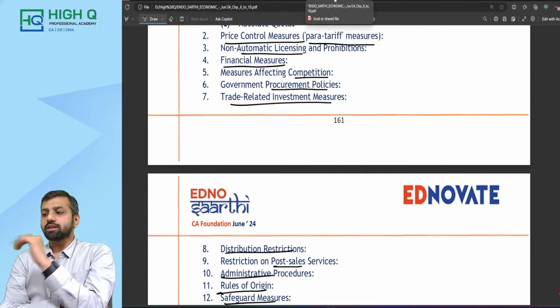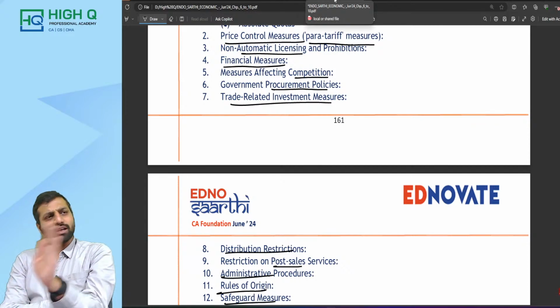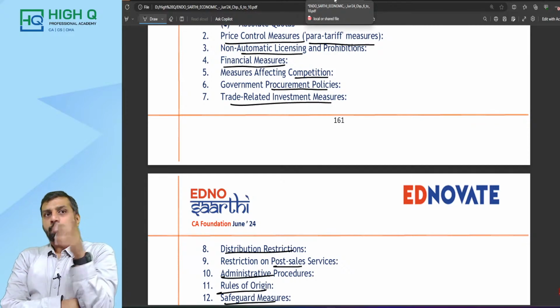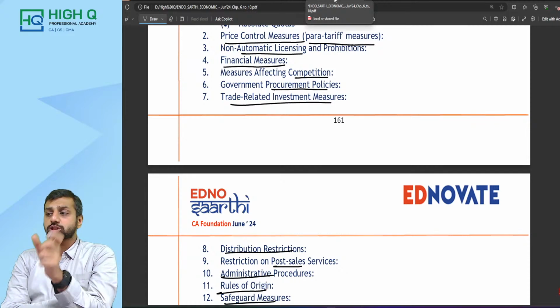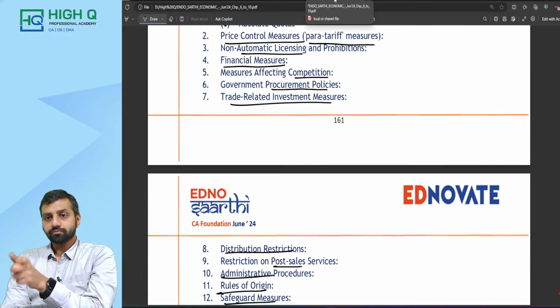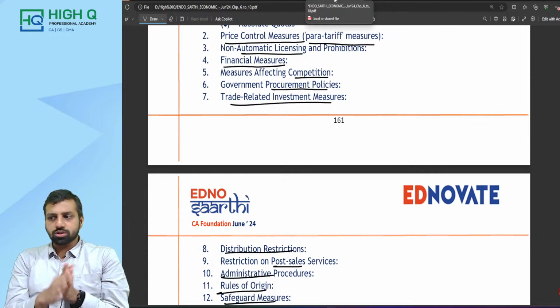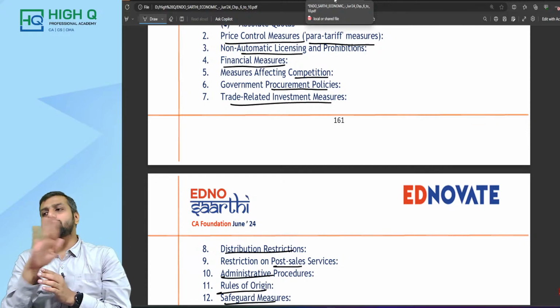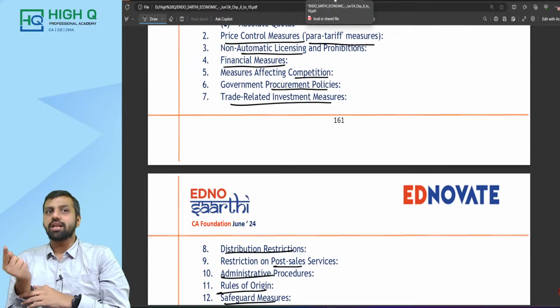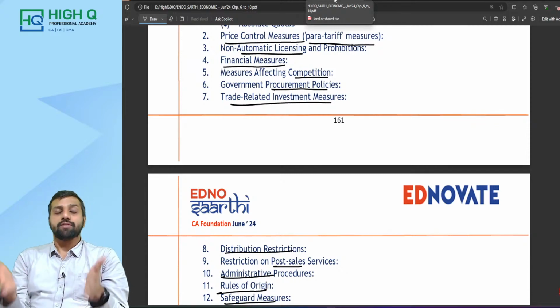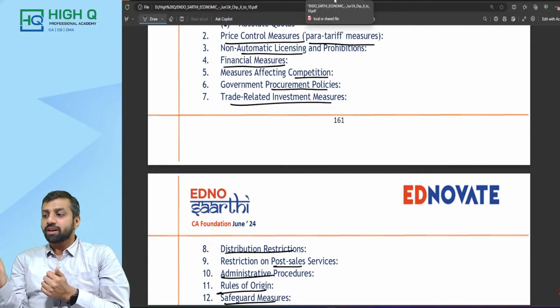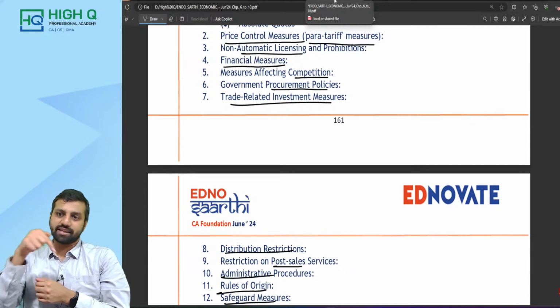So Faridul, suppose you purchase an Apple phone, the government will allow you to purchase the Apple phone, but the government will say that the post sale service should be provided by Indians. So if a company wants to sell their product in India, they are allowed to sell with the condition that after sale services will be provided by Indians. So Apple's service center is in India.